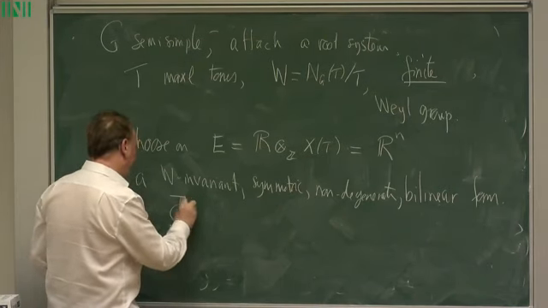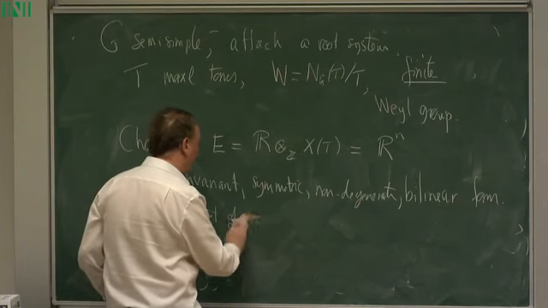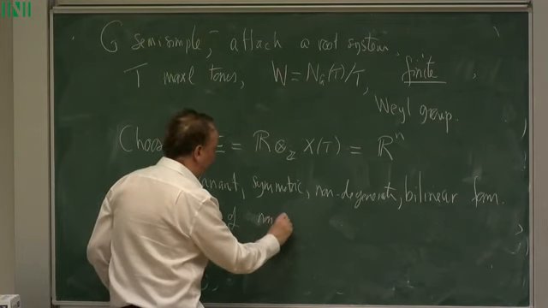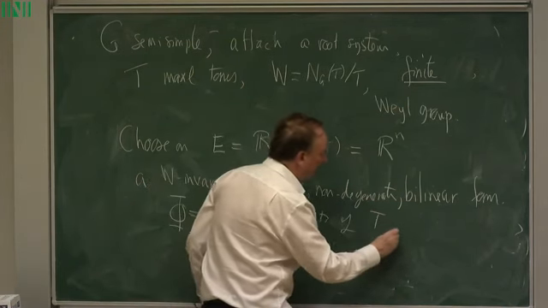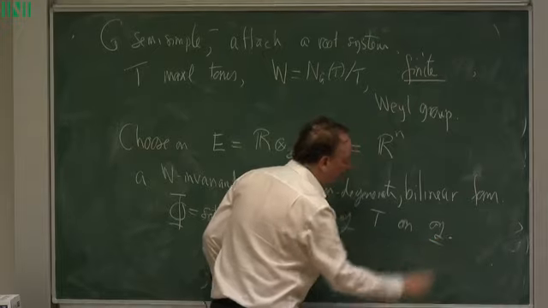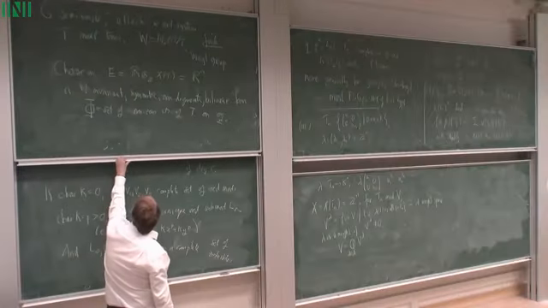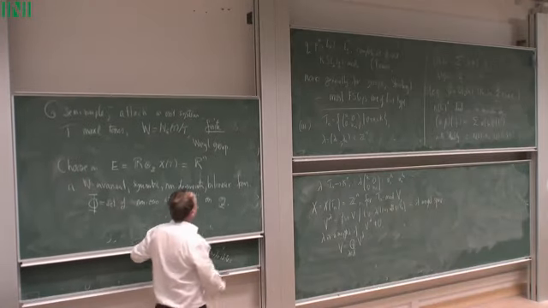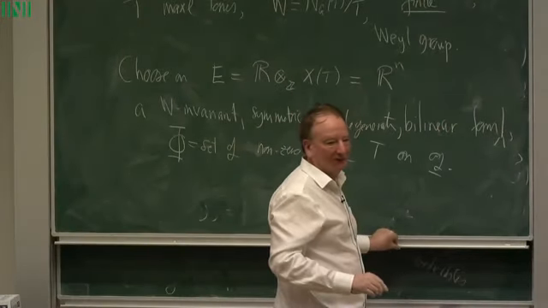Phi will be the set of weights, non-zero weights, of T acting on the Lie algebra. Yes, I did. I knew I'd left something out. Thank you, Dave. That was just to keep you awake, though.